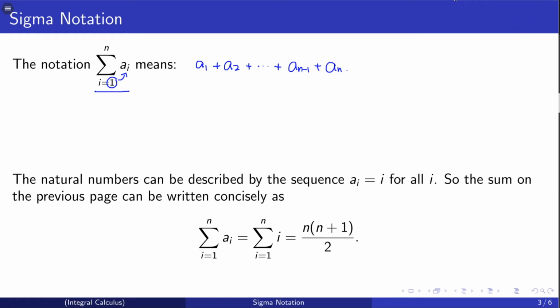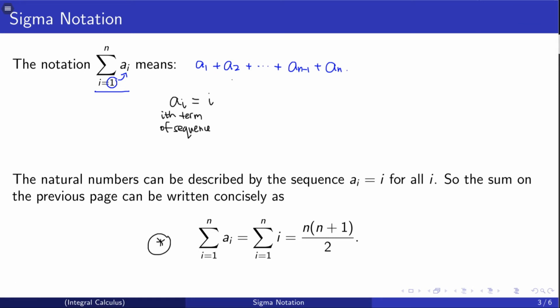And these numbers could mean anything, right? It's a sequence of numbers from a1 to an. Usually what we'll be looking at are sequences where we know a formula for each term. So for instance, in the previous page, it was a sub I equals I, right, which is also down here, which means the ith term of the sequence is simply I.